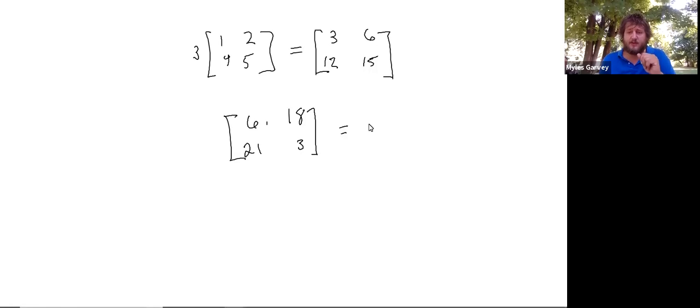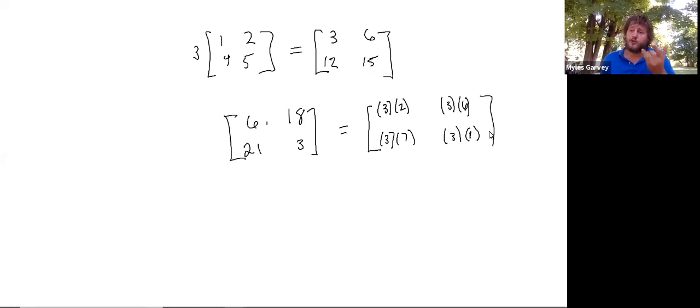This is the same thing as saying 3 times 2, 3 times 6, 3 times 7, and 3 times 1. So what you can actually do is reverse the process. If you happen to notice that there's a value which goes through all of them, you can actually pull that out. So this is equivalent to saying 3 times the matrix 2, 6, 7, 1.